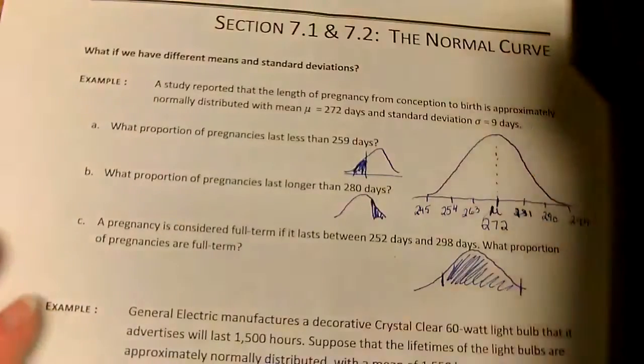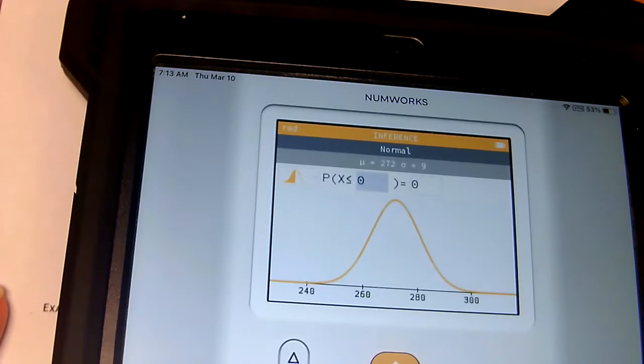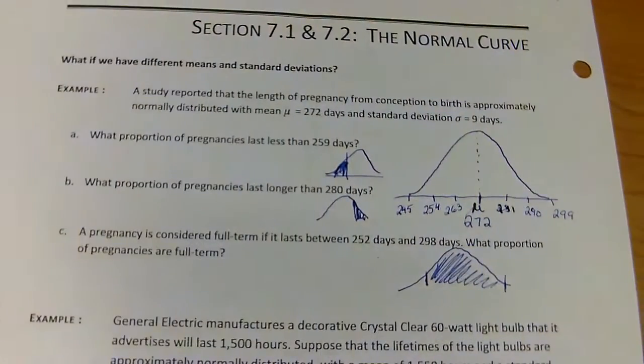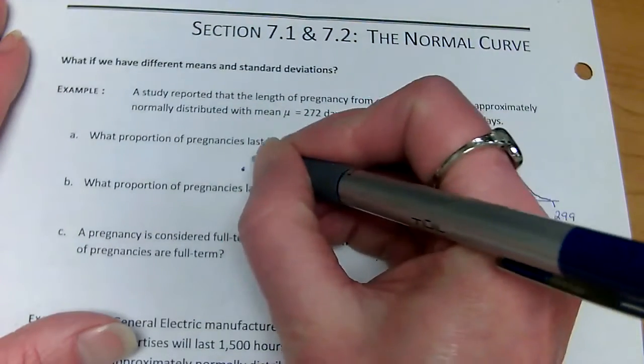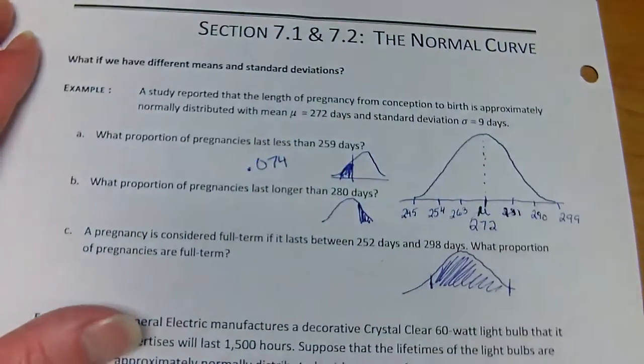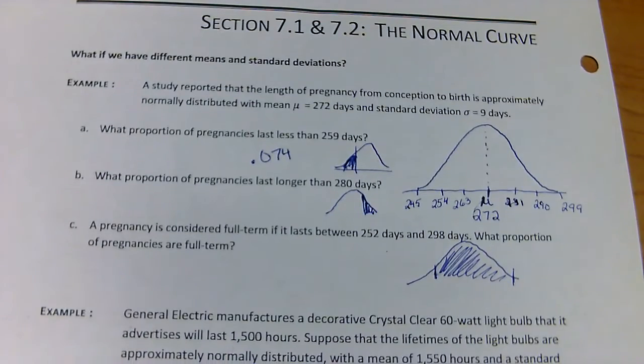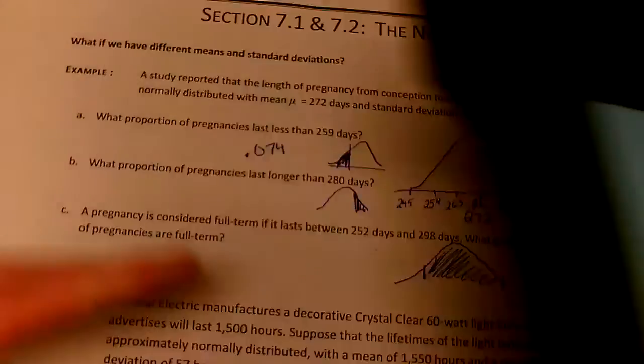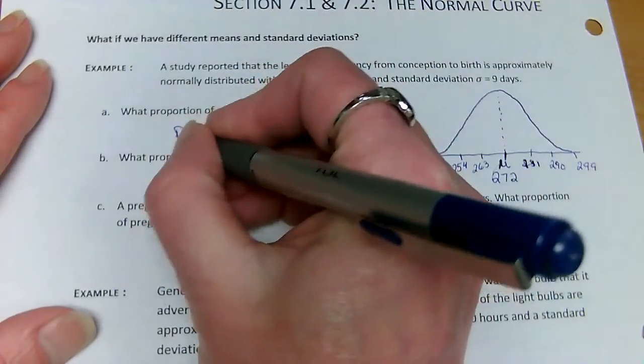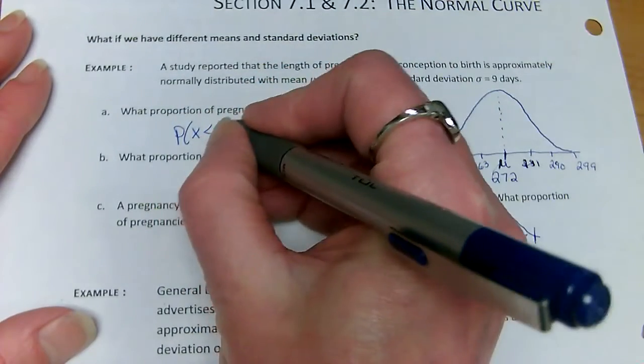Now, the first one we wanted was less than 259 days. So we get 0.074. It's a really low percentage. Longer than 280. So wait, that was the probability that X is less than 259.